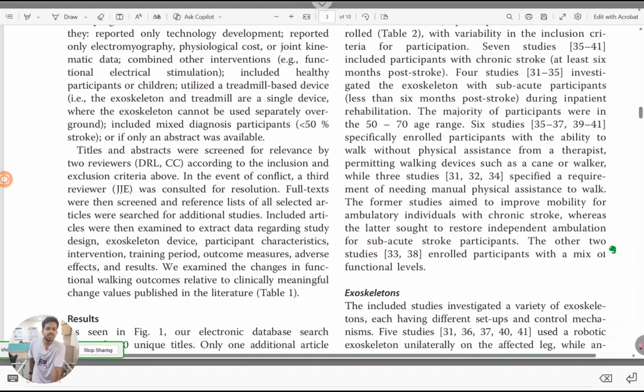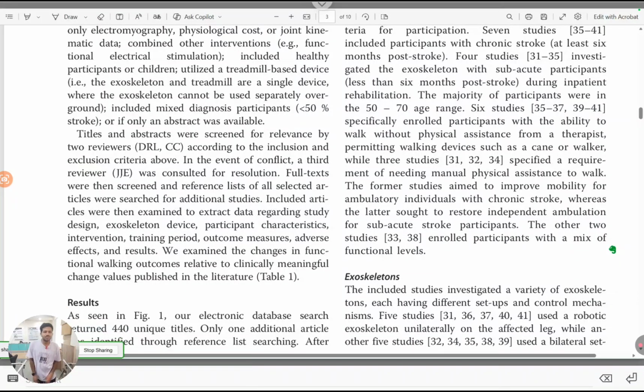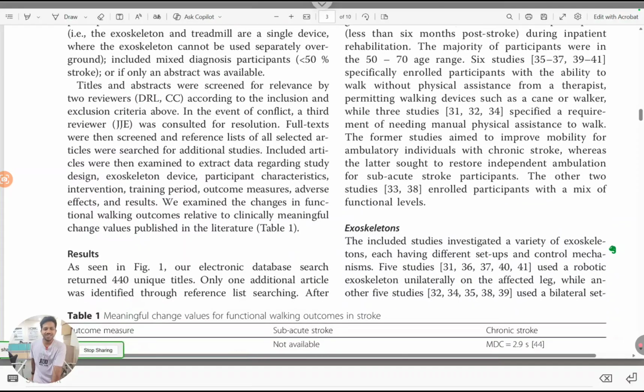The former studies aim to improve mobility for ambulatory individuals with chronic stroke, whereas the latter sought to restore independent ambulation for subacute stroke participants. The other 2 studies enrolled participants with a mix of functional levels.